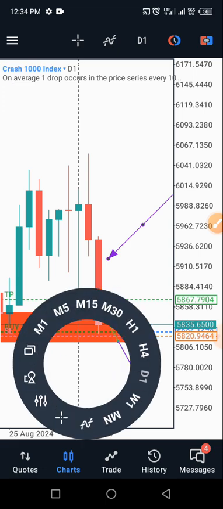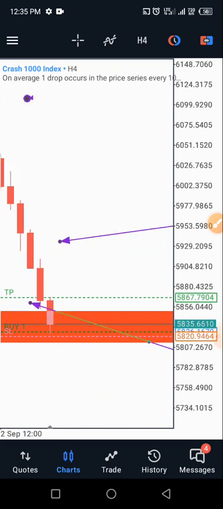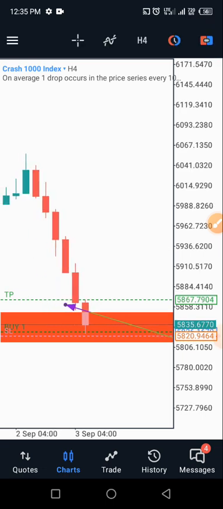So on the 4 hour time frame, you will notice that the market has been selling so hard, okay. If you notice, market has been selling so hard from this particular candle here up to this point, okay. And then you will see that market created liquidity levels.